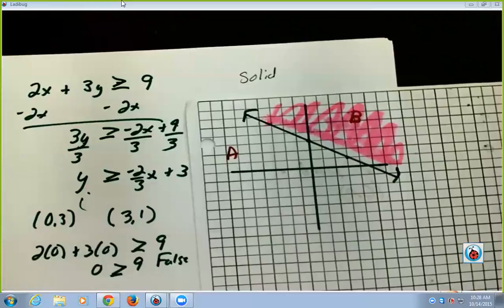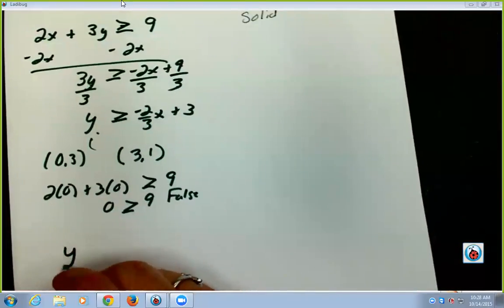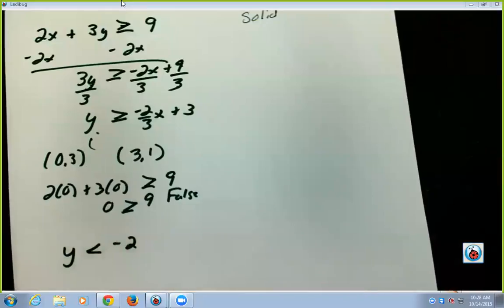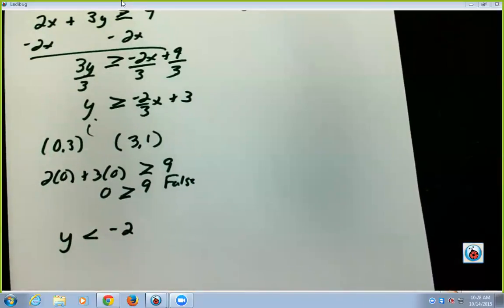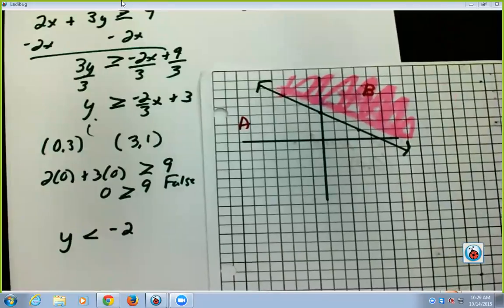Okay, what if you just had one of these little specials that we've had? We've had our y is less than a negative 2. So that's a special one. What kind of graph is that going to give me? So if I looked at that thing, what would its shape be, or what would its graph be? So what do we know about y equals a number? What kind of lines are those?